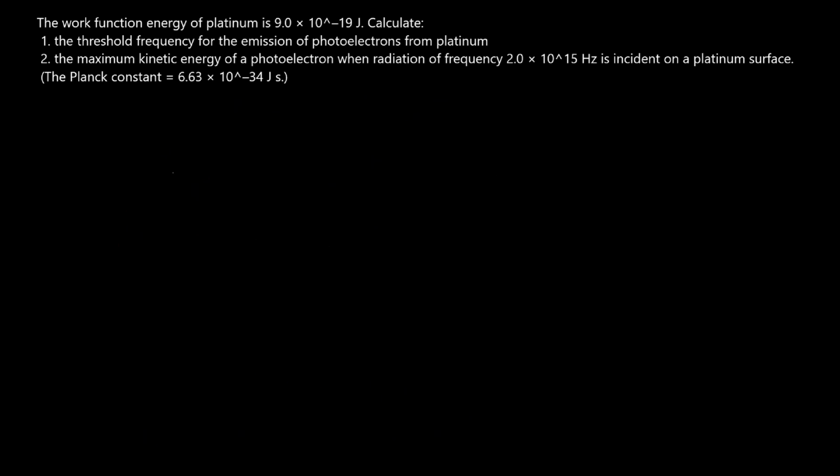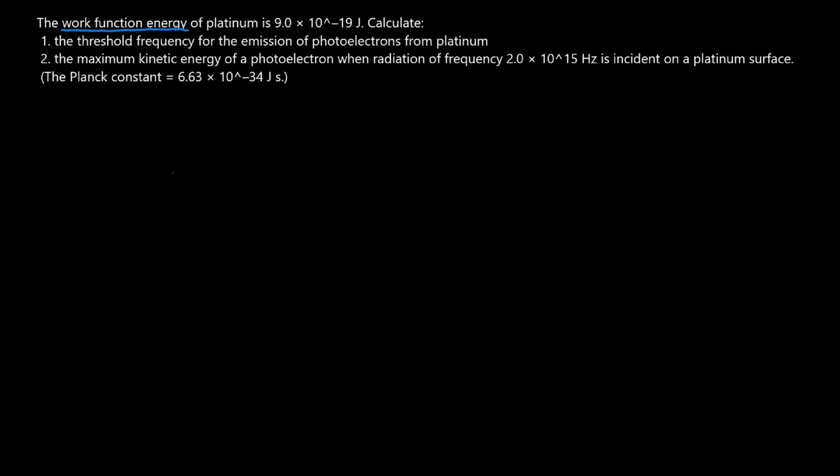So we have a question here. The work function energy of platinum is 9.0 times 10 to the power of minus 19 joules. Calculate the threshold frequency for the emission of photoelectrons from platinum. So the work function energy is simply the minimum amount of energy required to eject an electron from the platinum surface.